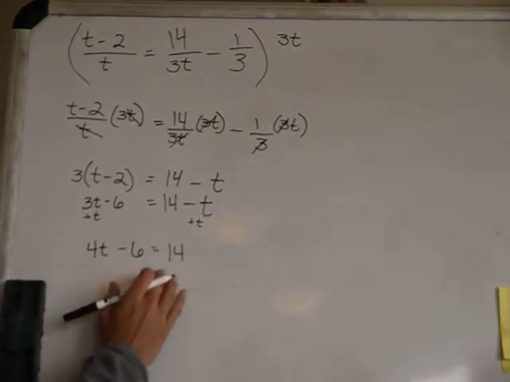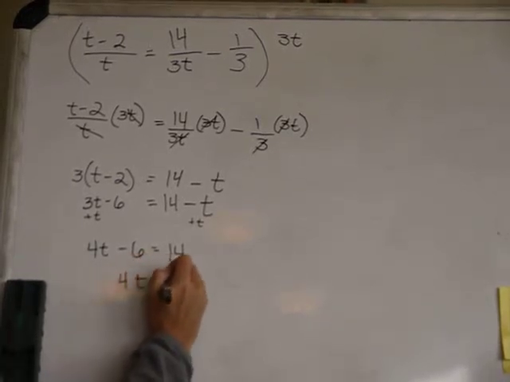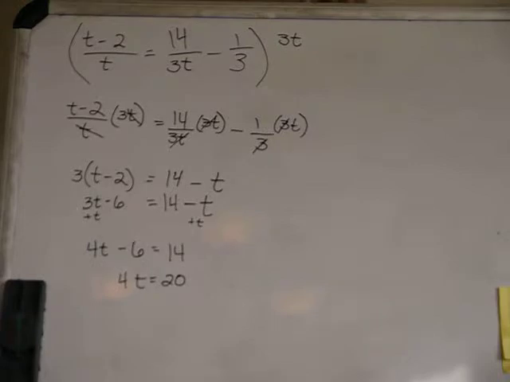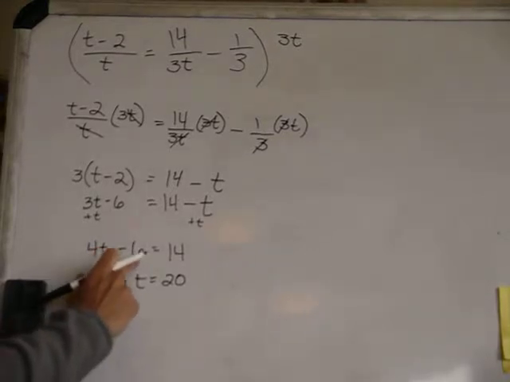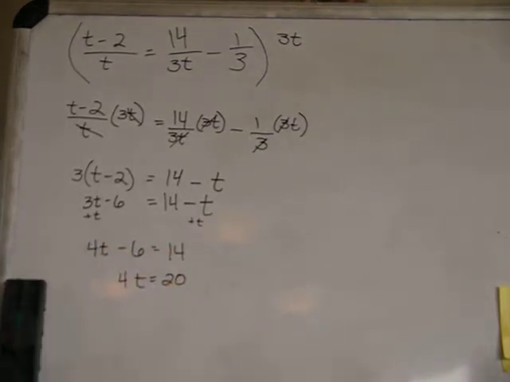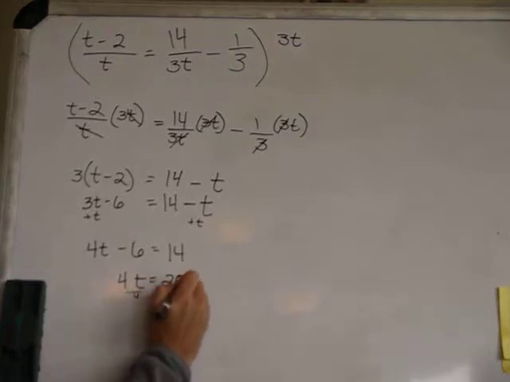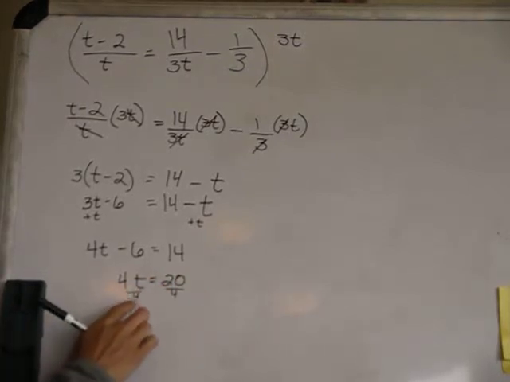Okay? Like this, I would say, okay, I'm going to add 6 to both sides, so I would just go like this. This is where I'm at. Do you see why? I didn't show the plus 6. But in my mind, I see it, but I didn't want to write it. You guys understand that? And I also don't show this anymore when I do it, unless I'm teaching. Then I show the divided by 4.